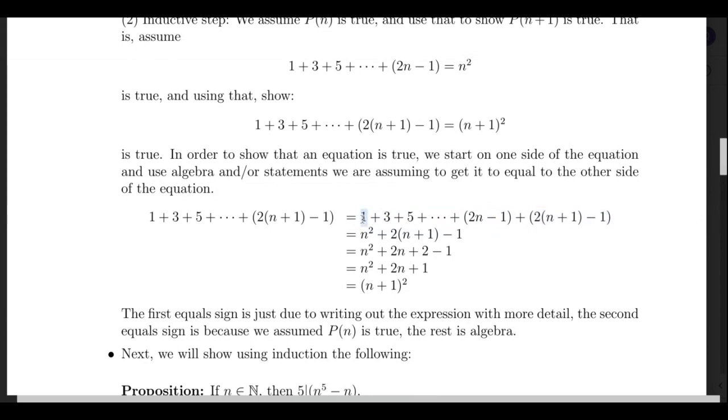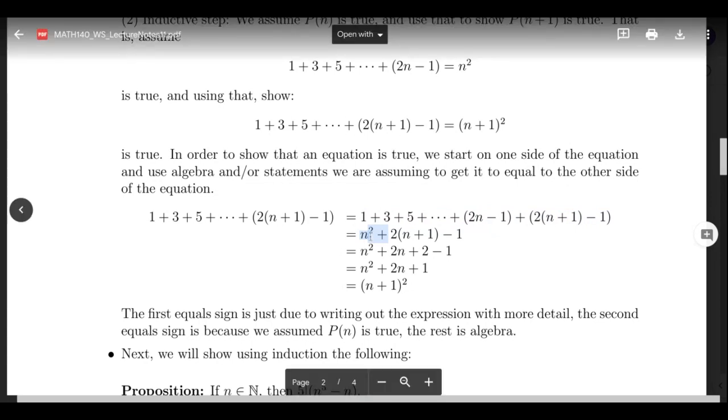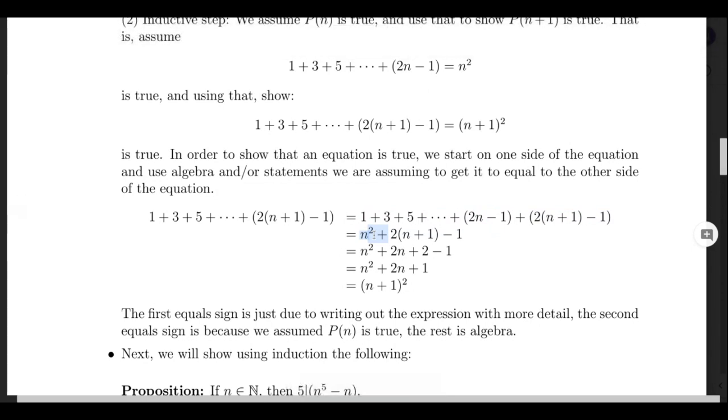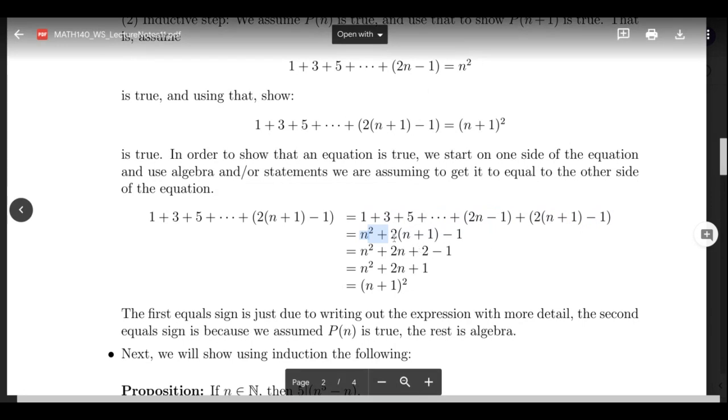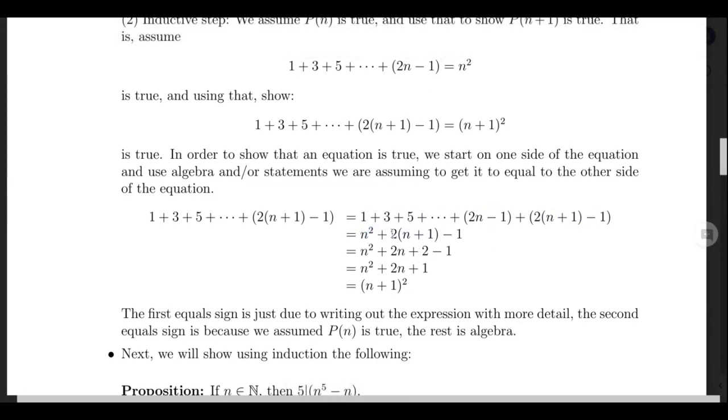By assumption, the sum of the n odd natural numbers equals n squared. We assume this. So now we have n squared plus the (n plus 1)th odd natural number.